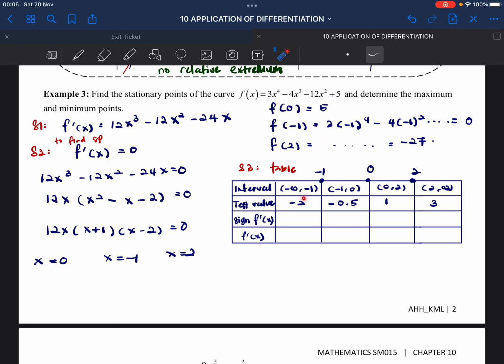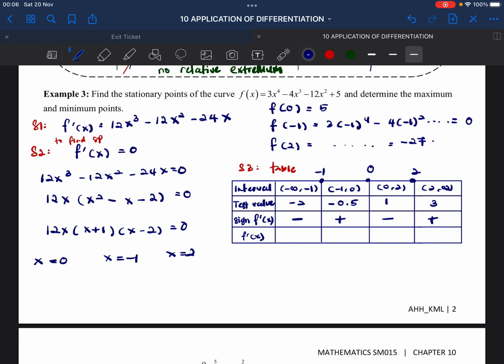So negative 2 substituted into f prime x, you are going to get a negative value. Remember, the test values are substituted into f prime x, not into the original equation. So negative 0.5 substituted into f prime x, you are going to get a positive value. You can press the calculator yourself. Here we get negative, here we get positive.